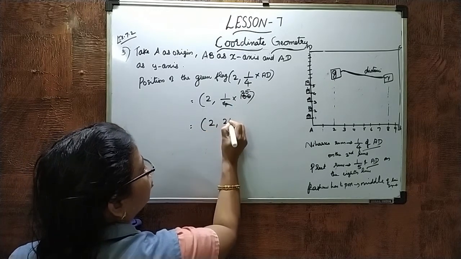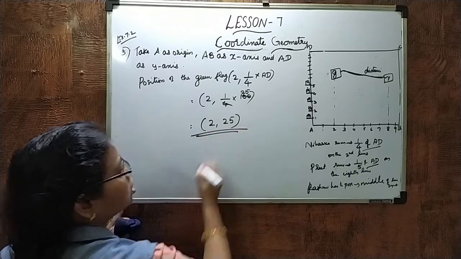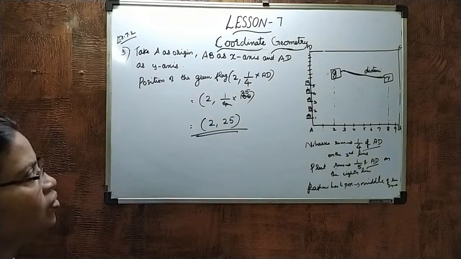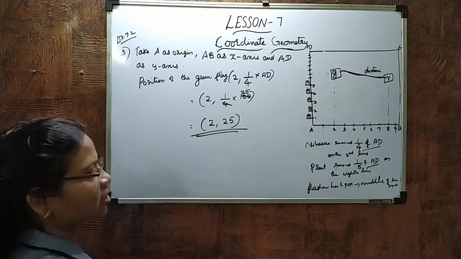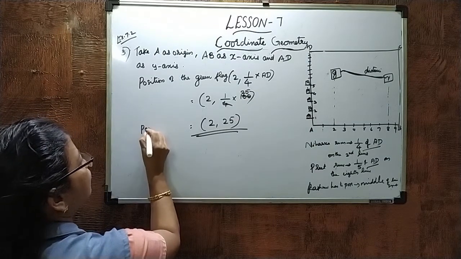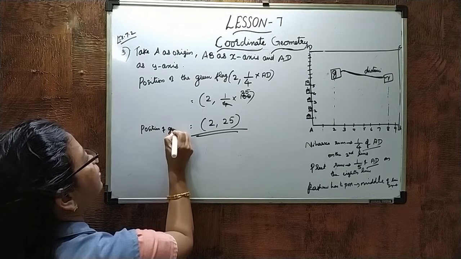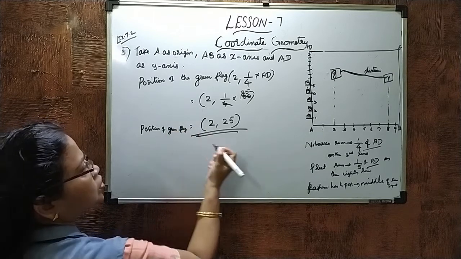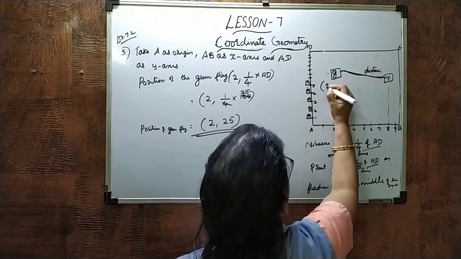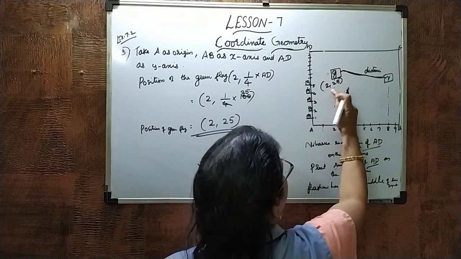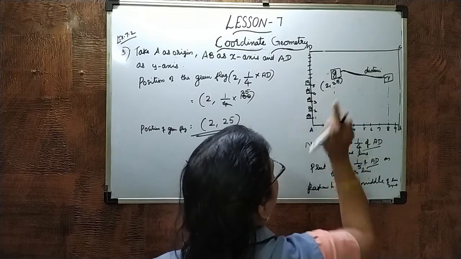So 2 and 25 is the position, or the coordinates, of the green flag. X-coordinate first, then y-coordinate 25.